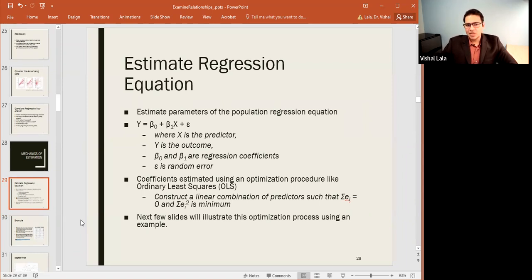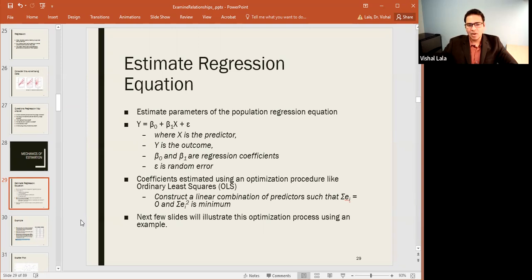The goal of regression is to estimate parameters of the population regression equation, an equation that looks as follows: y = β0 + β1x + ε. Here x is a predictor and y is the outcome, also known as x being the independent variable and y the dependent variable.